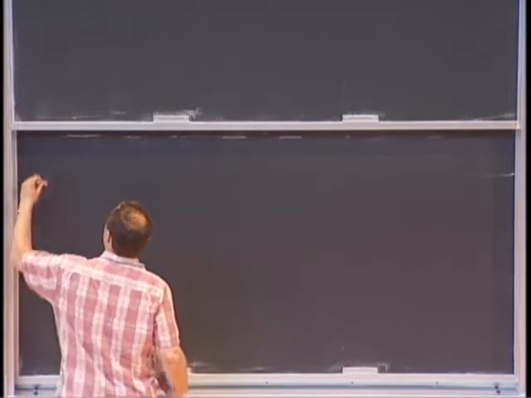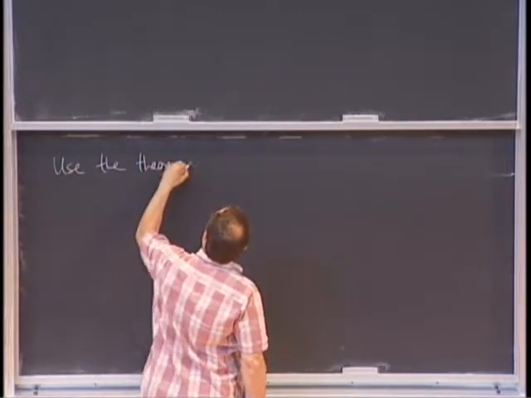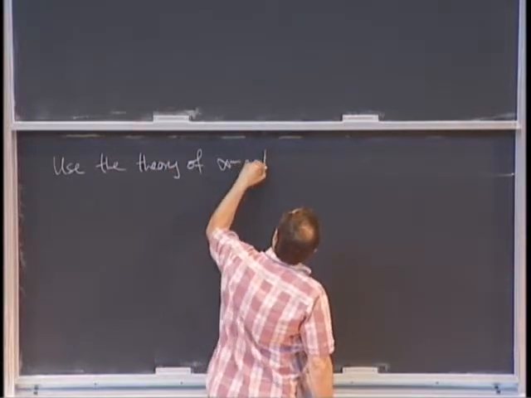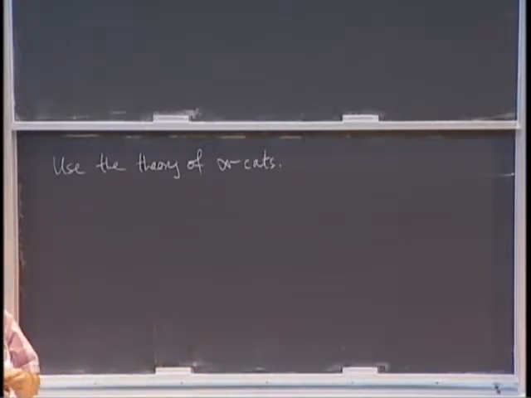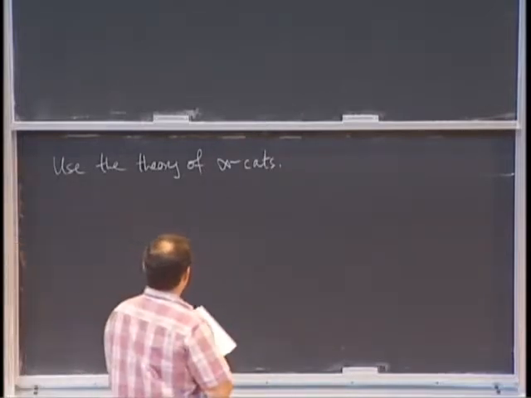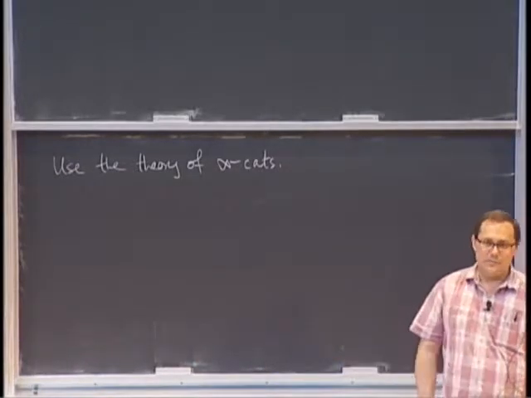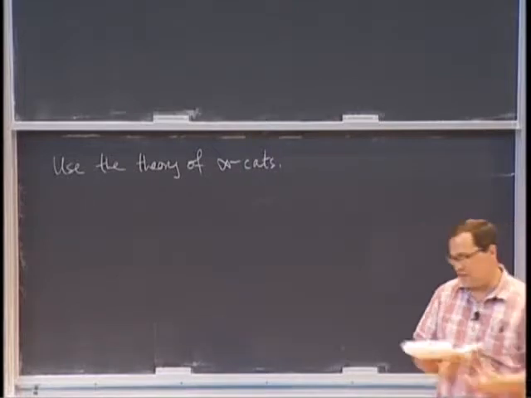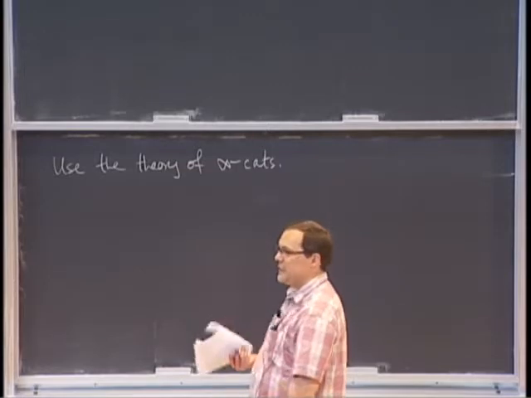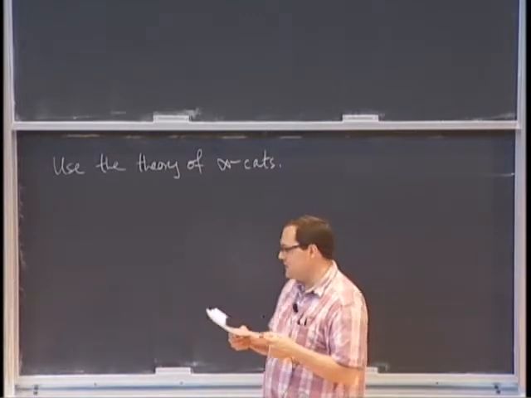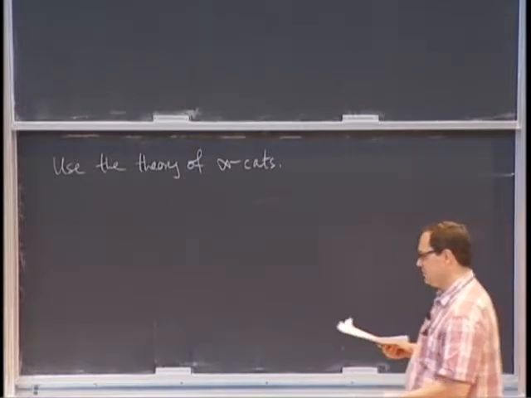And I'm going to use the theory of infinity categories, not only because I like it, but because certain adjoints that you might want to construct are kind of hard to construct on the level of models, but they are easy to construct on the level of infinity categories. It's not really formally any different, but you don't have to play around with model structures and changing model structures.